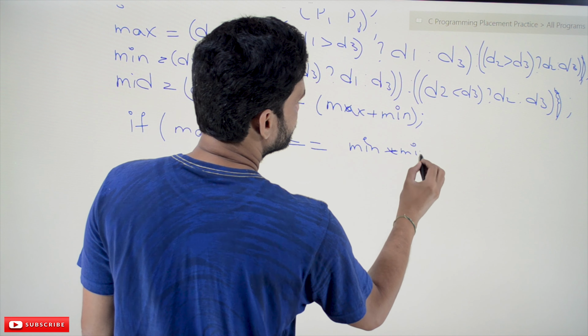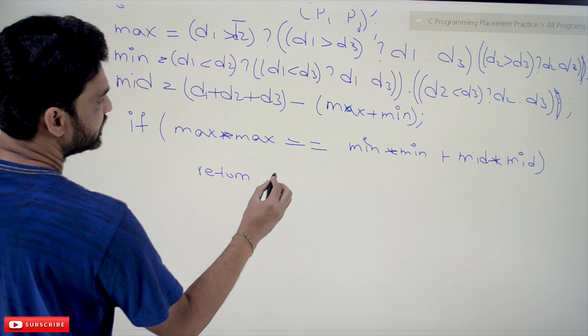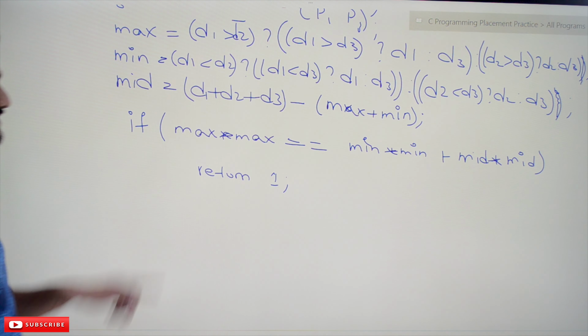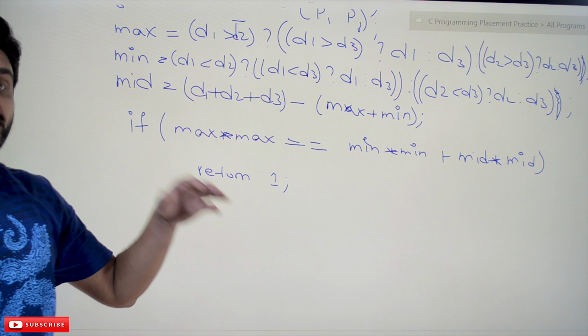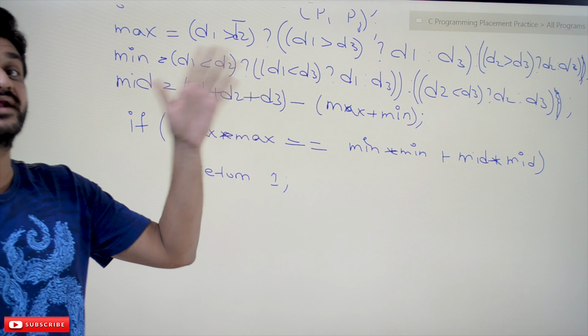If this happens to be true, then return 1, which means the given coordinates form a right angle triangle.